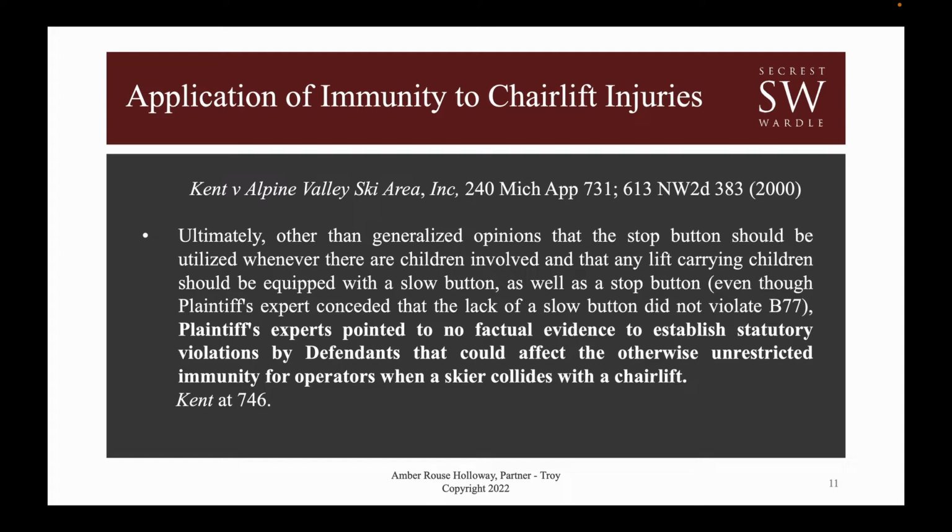Ultimately, in this case, other than generalized opinions that the stop button should be utilized whenever there are children involved, and that any lift carrying children should be equipped with a slow button as well as a stop button, even though plaintiff's expert in this case conceded that the lack of a slow button did not violate the act, plaintiff's expert pointed to no factual evidence to establish statutory violations by the defendant that could affect or otherwise restrict immunity for operators when a skier collides with a chairlift. So here we have a case where the skier did collide with a chairlift and the SASA immunity still applied.